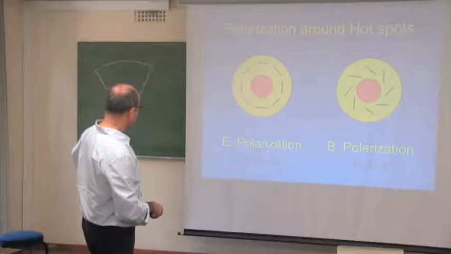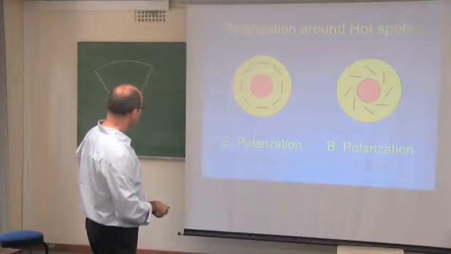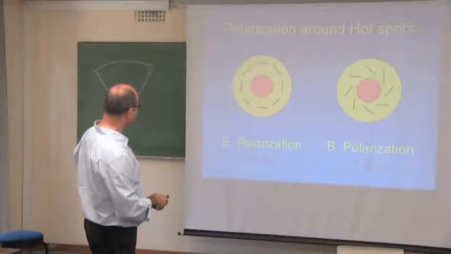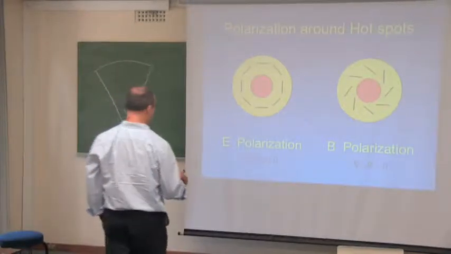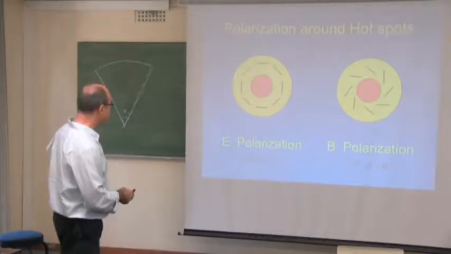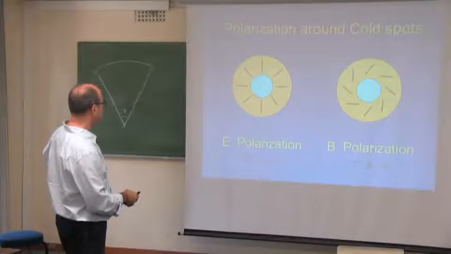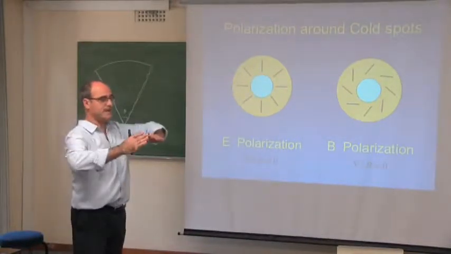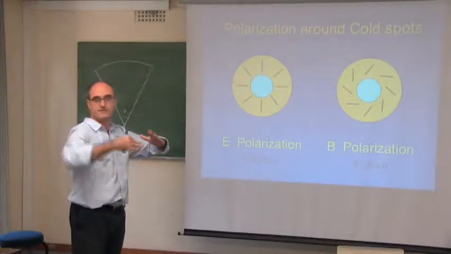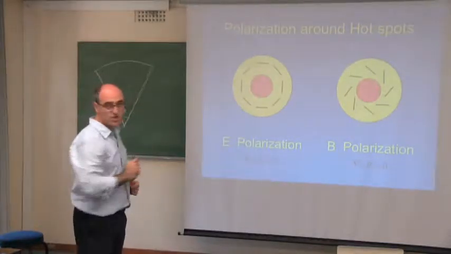So you have the gradient mode, it's rotationless, we call it E polarization, and it has this shape. It has two types, this and this, and they are related to hot or cold spots. If you have a cold spot, then your plane of polarization in the linear and the gradient mode is radial. If it's a hot spot, it will be tangential.